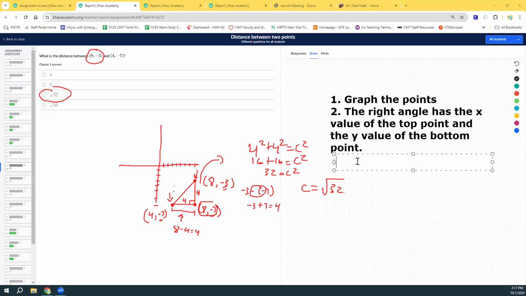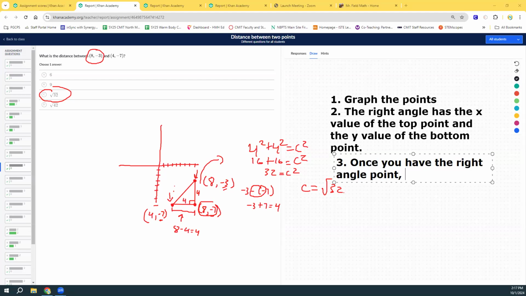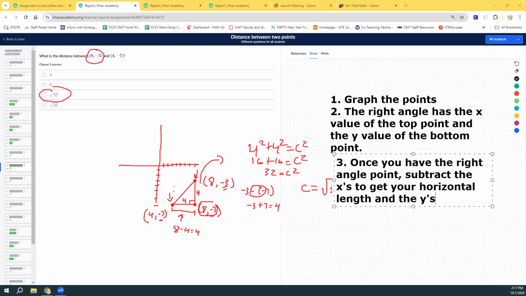Okay, after we get that, once you have the right angle point, subtract the x's to get your horizontal length and the y's to get your vertical length.